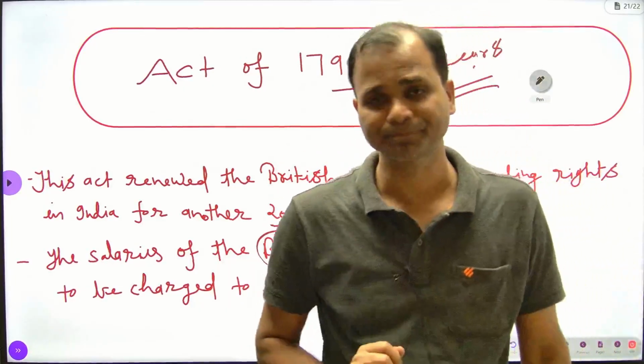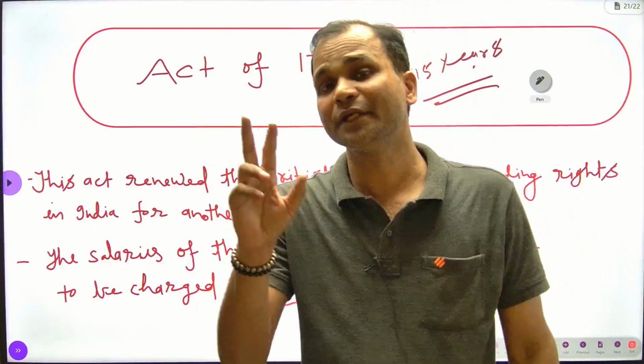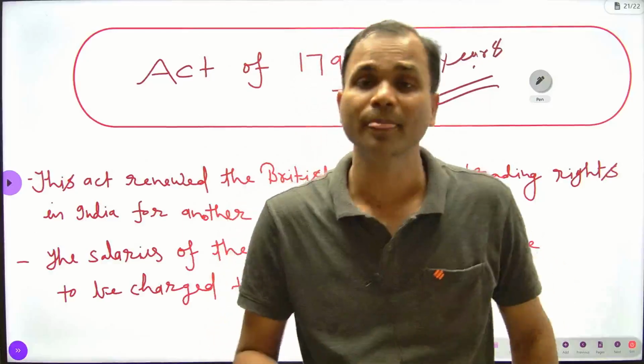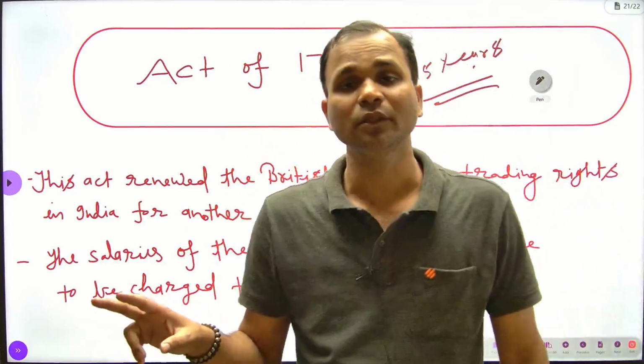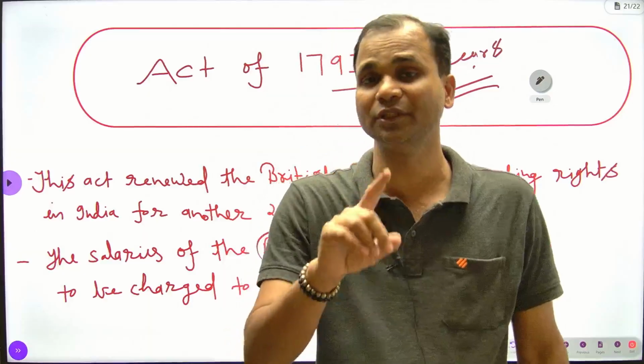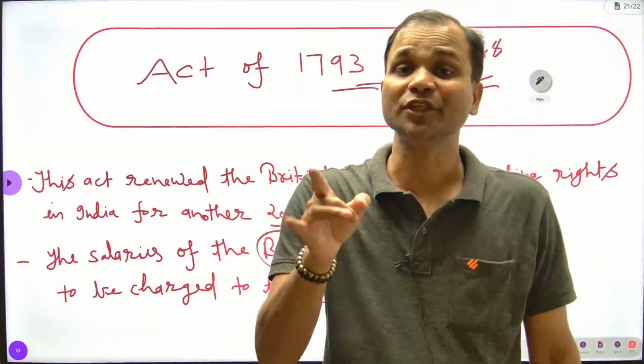First, in the 1781 Act, I am again going to repeat before you, the company's Governor General, it means the Governor General of Bengal, was given more power.